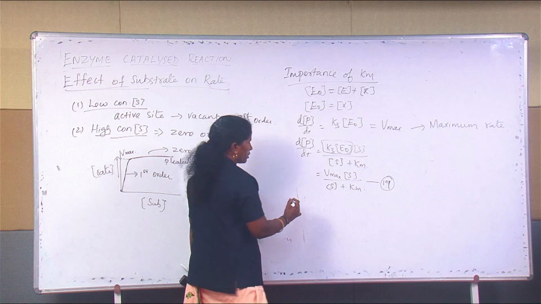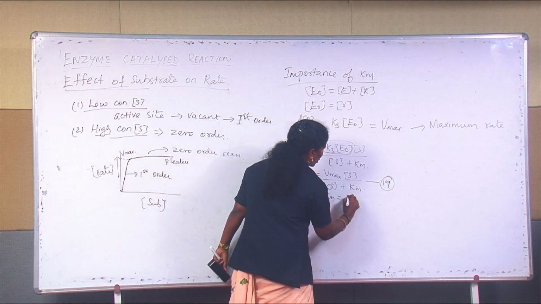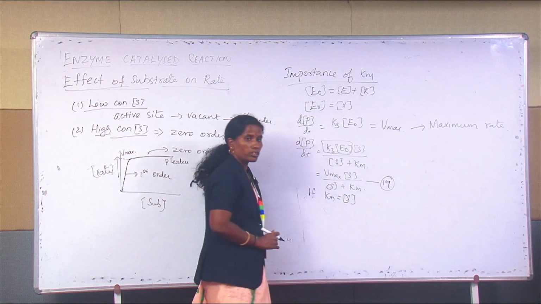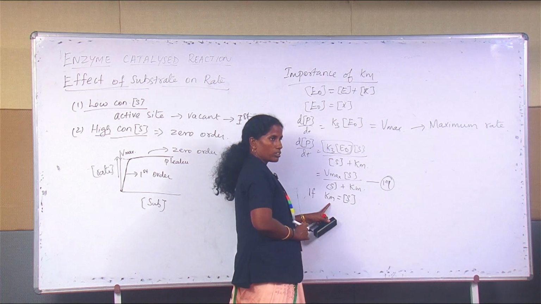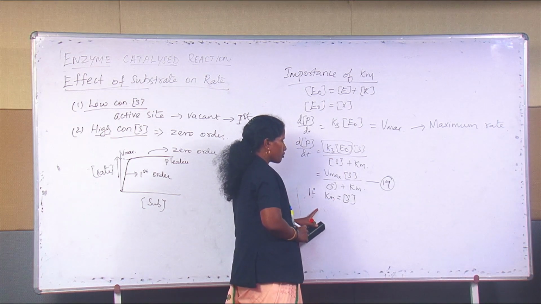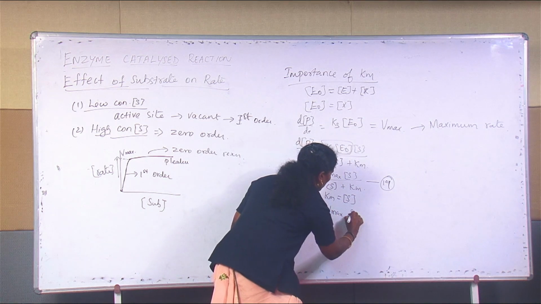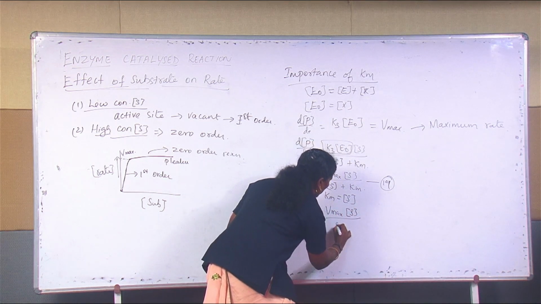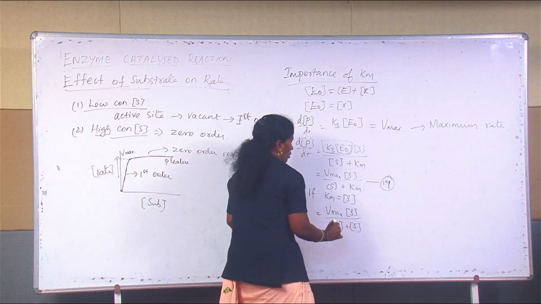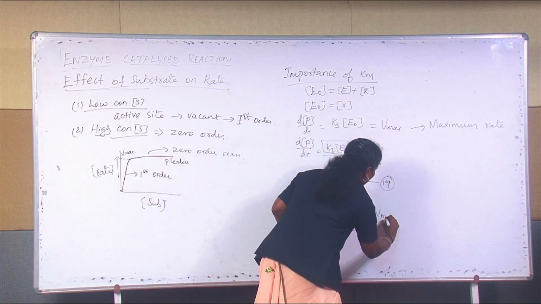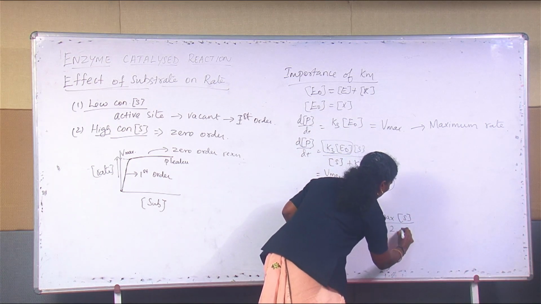In this condition, suppose the Km concentration, the Michaelis Menten constant, is equal to the concentration of substrate, then the equation can be written as Vmax substrate divided by substrate plus substrate. So we get Vmax into substrate divided by 2S.